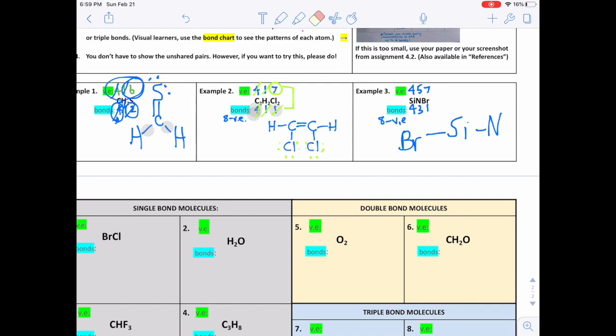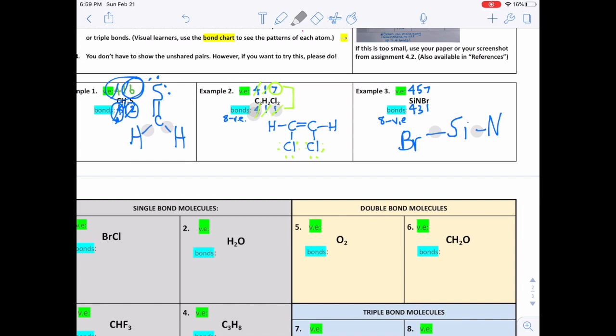All right, now I'm going to do it the math way again this time. So we see that everything's connected with a single bond. Now Br already has 1 bond. It can't take any more. But the Si needs 4, and I see it only has 1, 2 around it. And the N needs 3, and it only has 1.